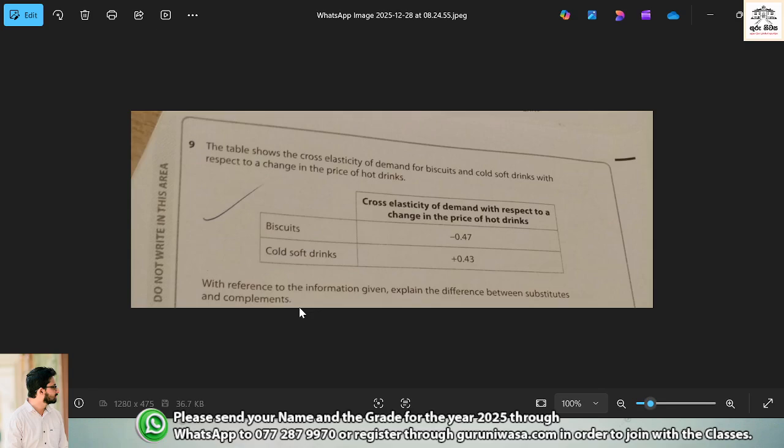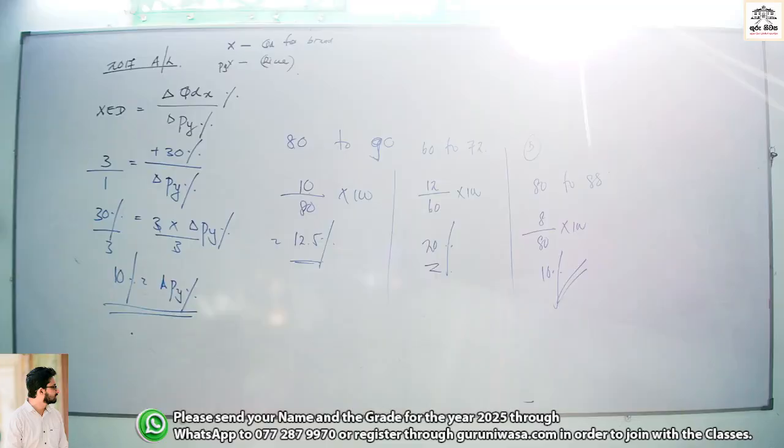What are the two products under consideration when calculating the 0.43 elasticity? Biscuits and hot drinks? No. Cold soft drinks and hot drinks. Yes, right? Look at the board.